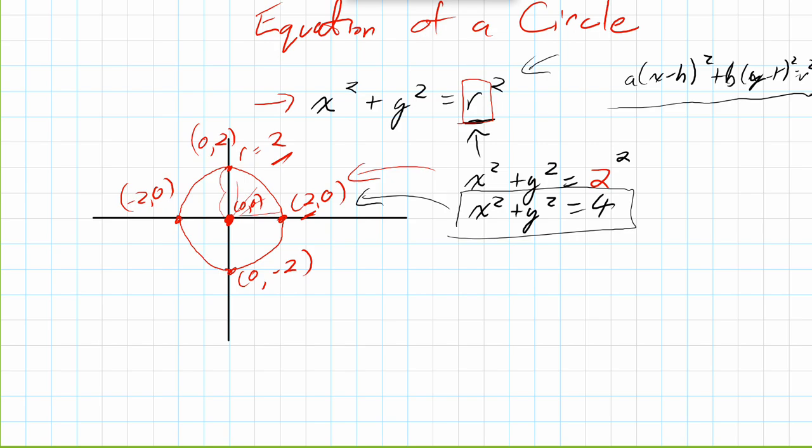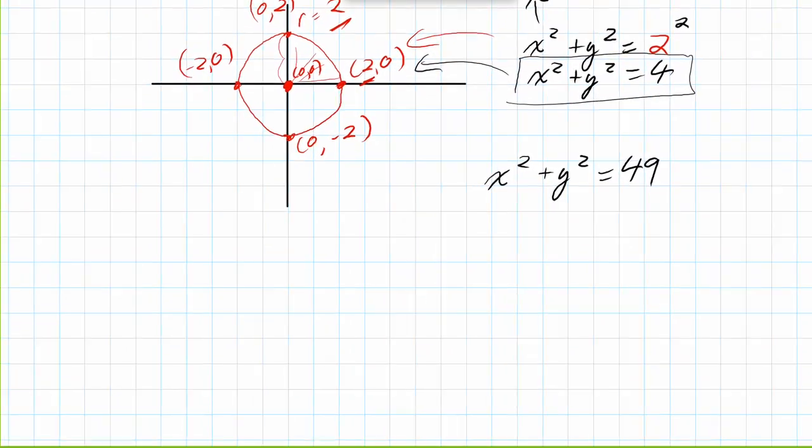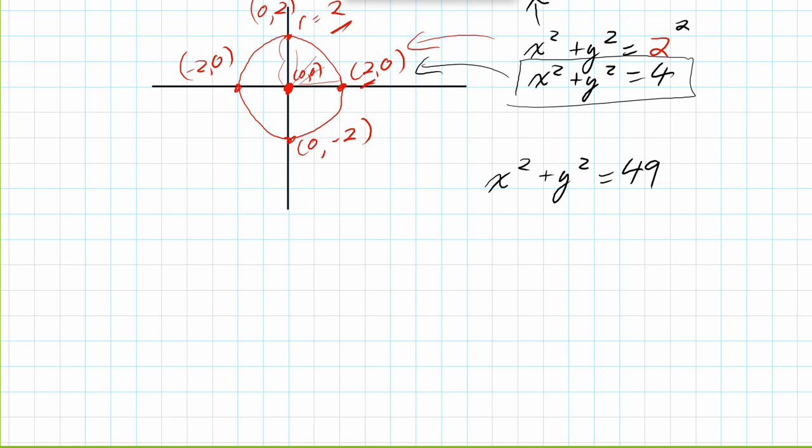Okay, so with that being said, let's do the opposite. Let's say I have an equation of a circle like this, x squared plus y squared is equal to 49. Looking at that, we have to discover how far the radius is. Let's say that, hey, I can graph this. This isn't that hard to graph because I know I'm going to draw another Cartesian plane down here.